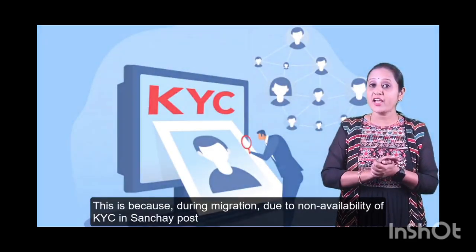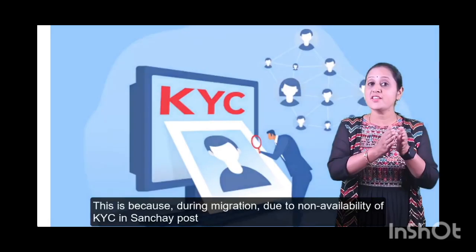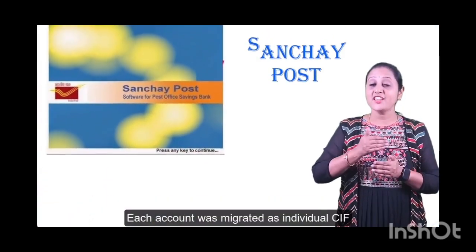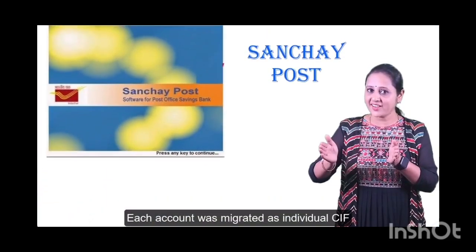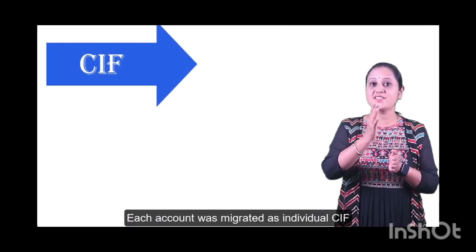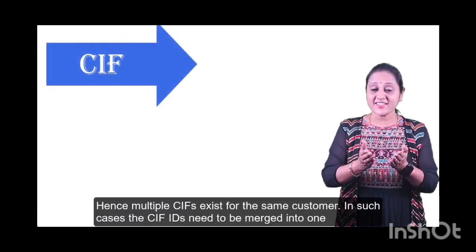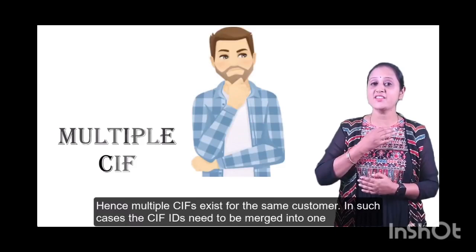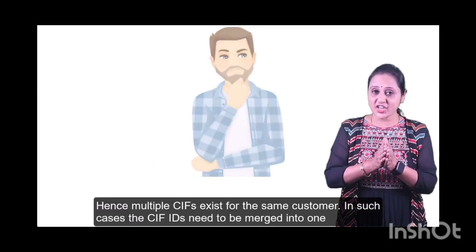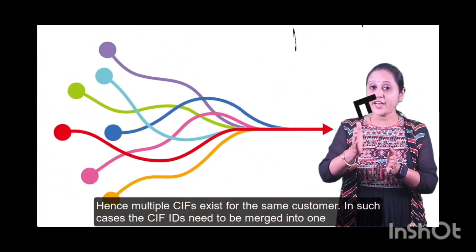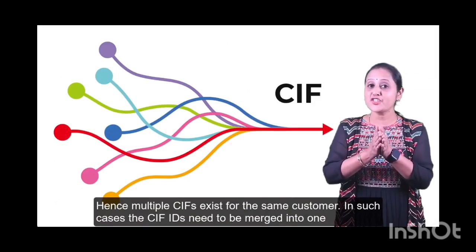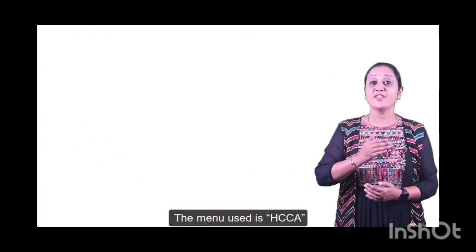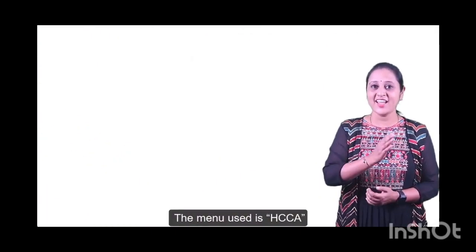This is because during the migration, due to non-availability of the KYC in Sanchaya Post, each account was migrated as individual SIF. Hence, multiple SIFs exist for the same customer. In such cases, the SIF IDs need to be merged into one.